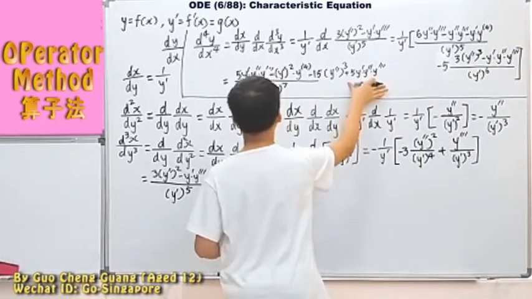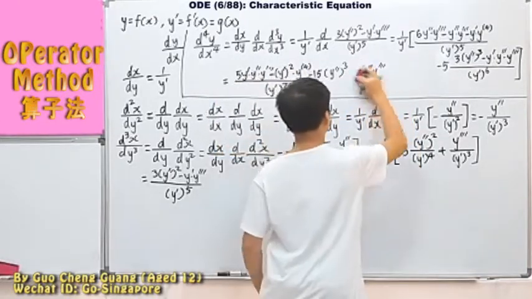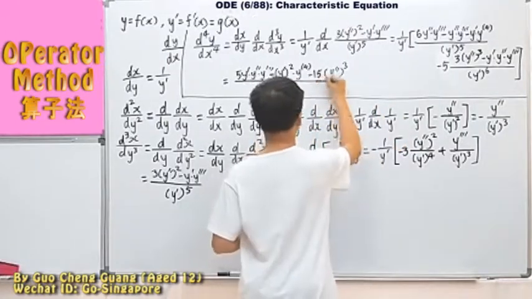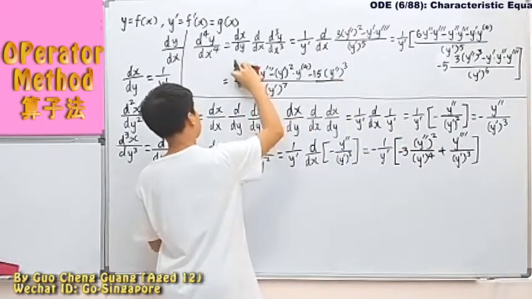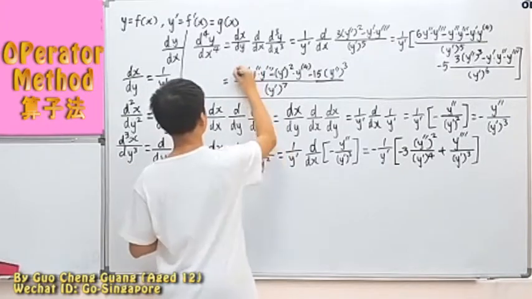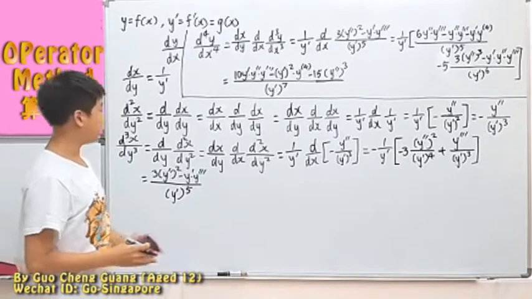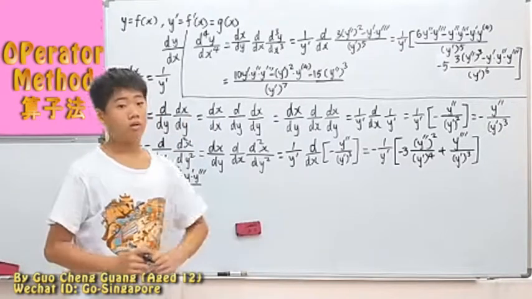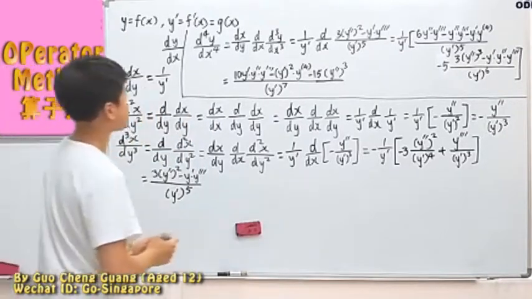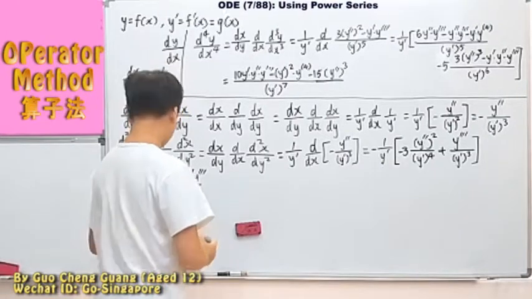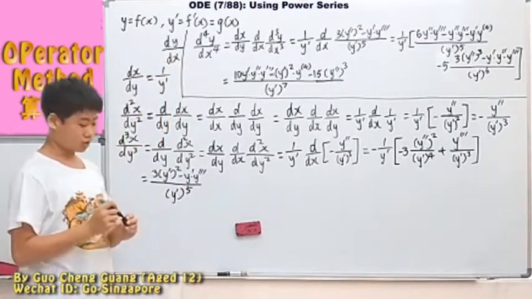But wait, after that we realize these two parts are the same, so we can at the same time just straight away combine them into 10 of these. Okay, so this will be for our fourth derivative. So yeah, that's what we'll have for this fourth derivative over here.